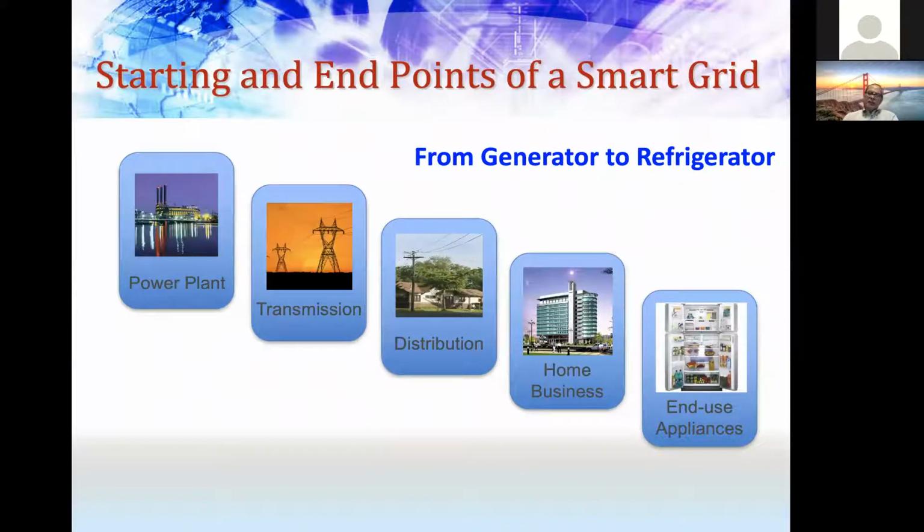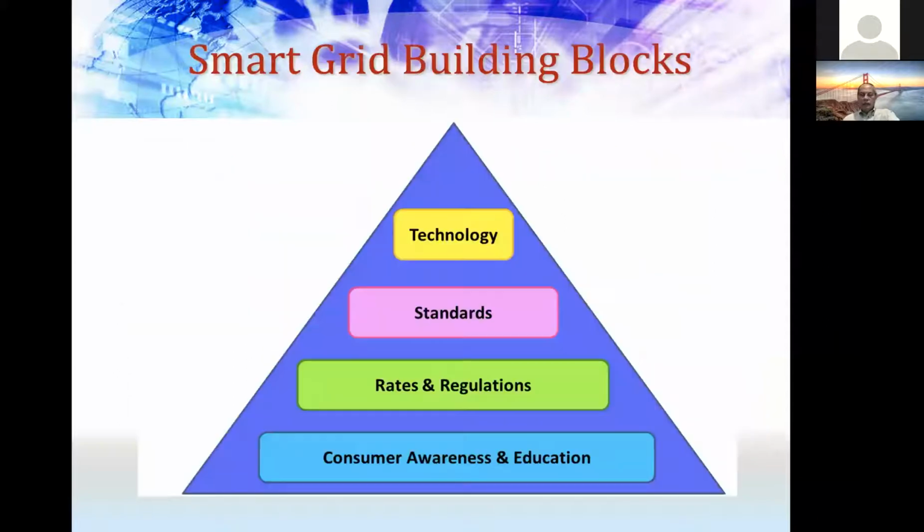When it reaches the load center, you have a distribution network where you have the step-down transformer bringing power to your neighborhood, to your building, your home, and ultimately to your refrigerator, your oven, your toaster, your microwave, whatever it is. So we have to look at the whole thing as one space, one ecosystem, starting with the power station and ending at the refrigerator. So I say smart grid starts at the generator, ends at the refrigerator.